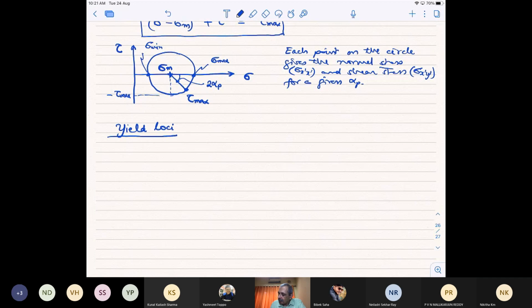And for granular materials, the most common yield criterion that seems to work quite well is what is known as the Mohr-Coulomb yield criterion.